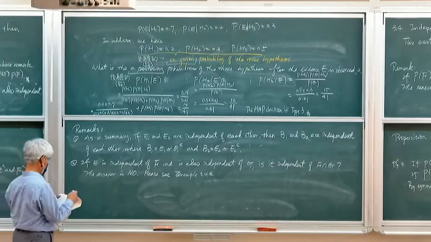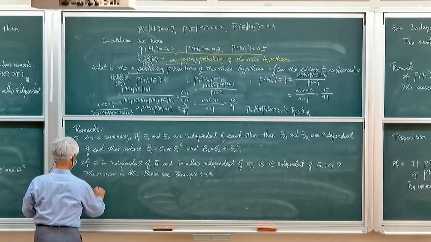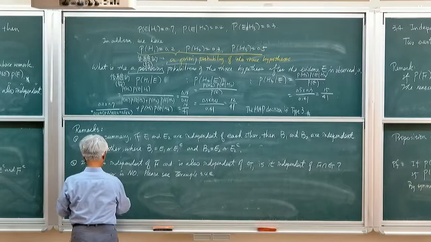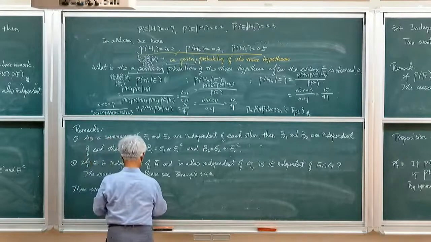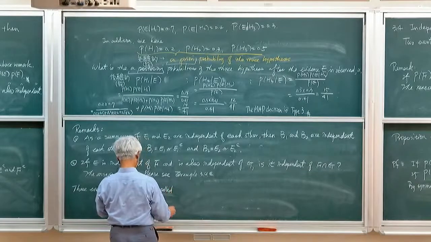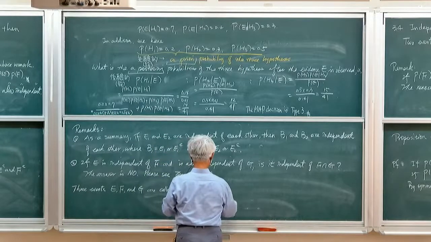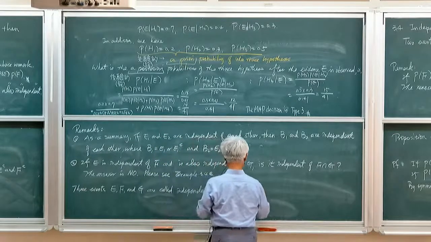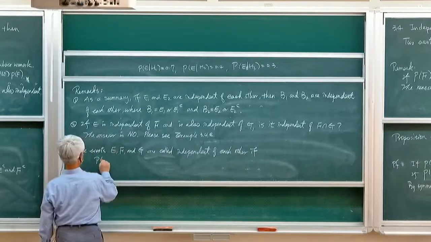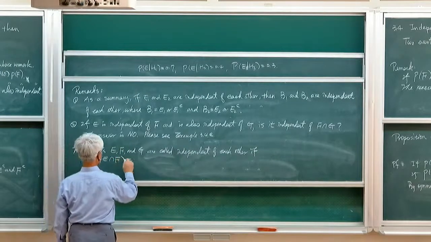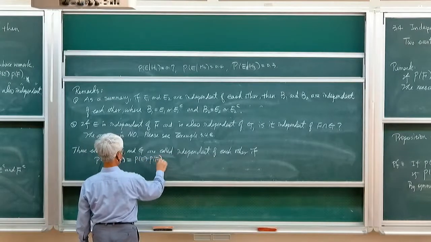Okay. So first of all, three events. E, F, and G are called independent of each other if the probability of the intersection of E and F is a product of probability of E and probability of F. All right?